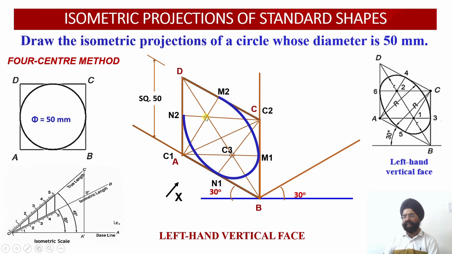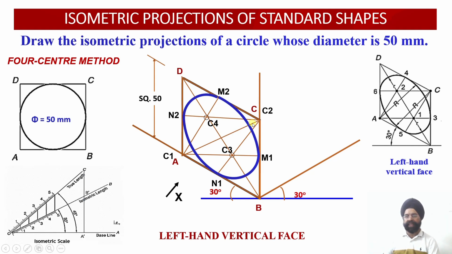Now the fourth center is this point. So using the center as C4 and radius equal to C4M2 or C4N2, once again, opening this much compass, draw the fourth arc over there. So with this, we have been able to draw the perfect ellipse using 4 arcs.